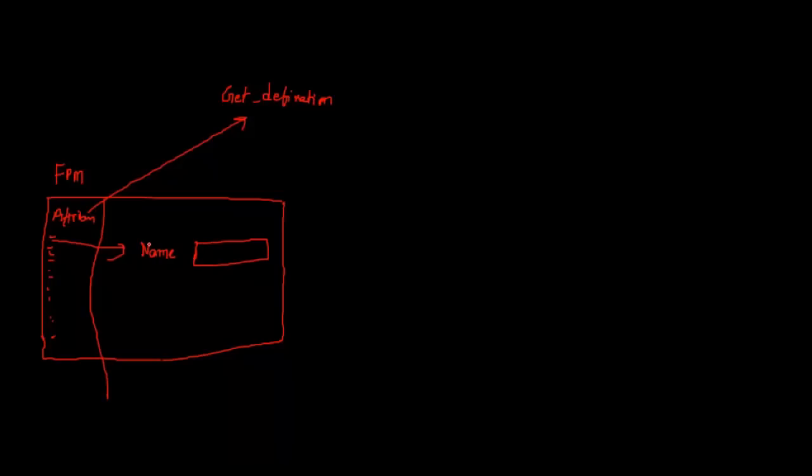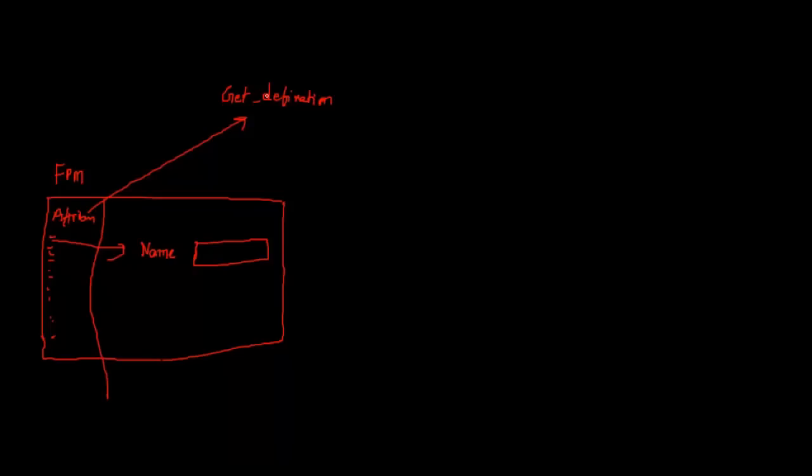Name is a field which has come from get definition. And let's say there is a value for a field called name. How does that value come to this UI? We have something called PBO generally, right, in module pools.